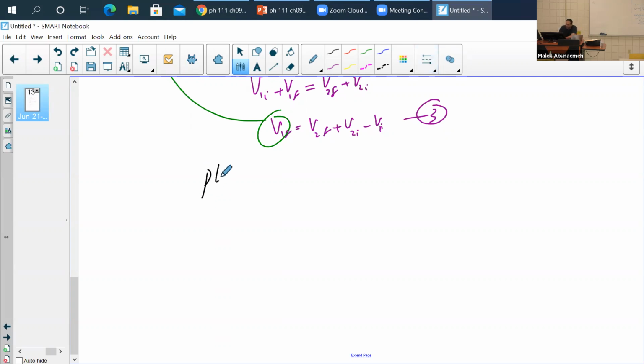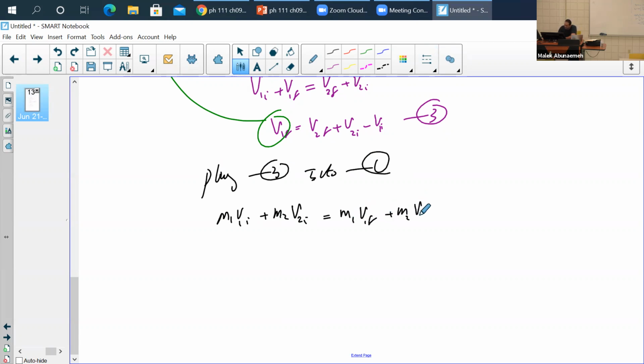So we're gonna plug, let me just write this down, equation 3 into equation 1. So your M1 V1 initial plus M2 V2 initial is gonna equal M1 V1 final plus M2 V2 final.